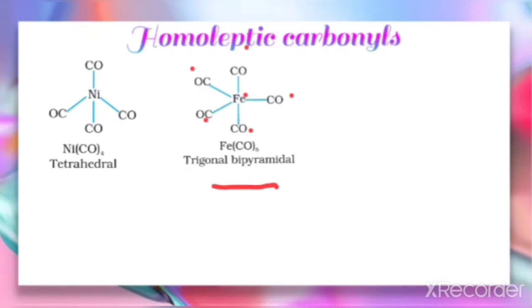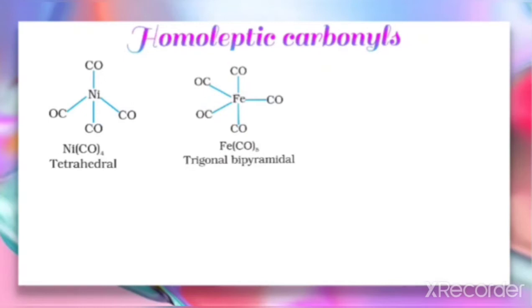This is how we represent trigonal bipyramidal geometry: 3 carbonyls and Fe are in the same plane, and one of the carbonyls is above the plane and the other is below the plane. Here also the central metal has a 0 oxidation state, that means it is a central metal atom.